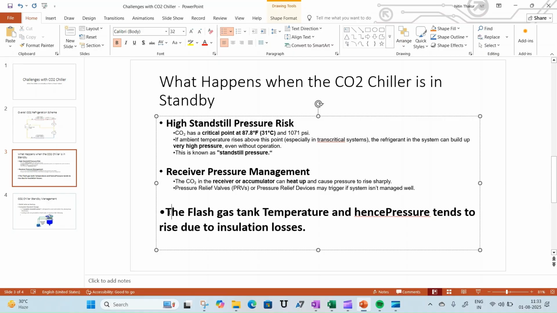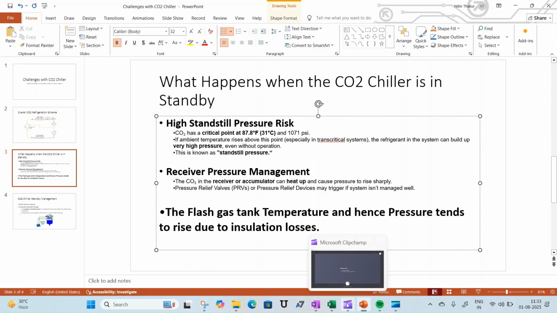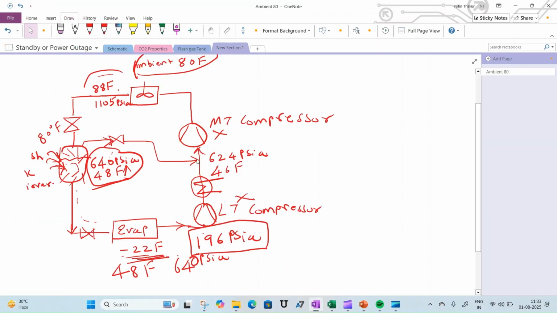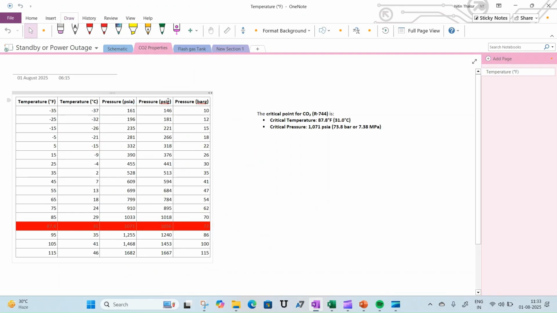The flash tank gas temperature will keep on rising, and hence the saturation pressure will keep on rising due to the insulation losses. So now let's see the properties of CO2.